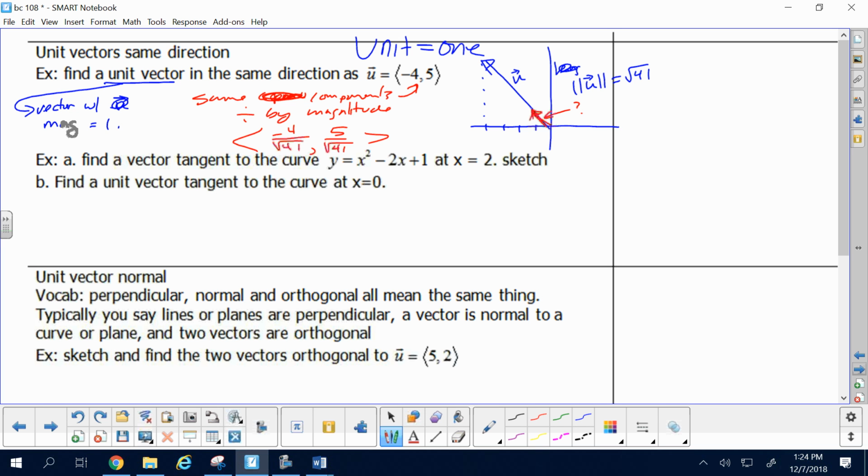Okay. Find the vector tangent to the curve, starting with a little bit of calculus. Find the vector tangent to the curve y equals x squared minus 2x plus 1, or if you like, (x minus 1) squared, at x equals 2. In sketch, that is a parabola shifted right 1.